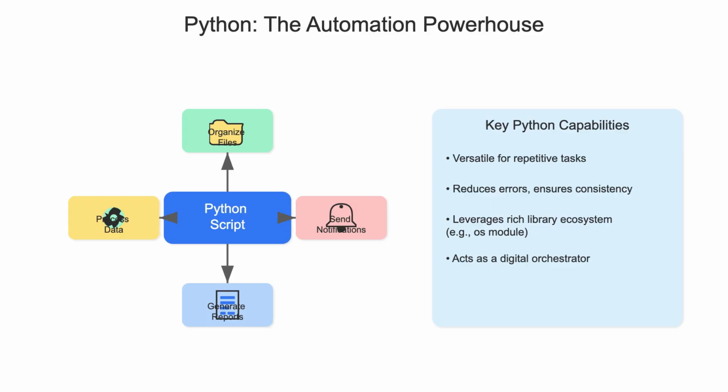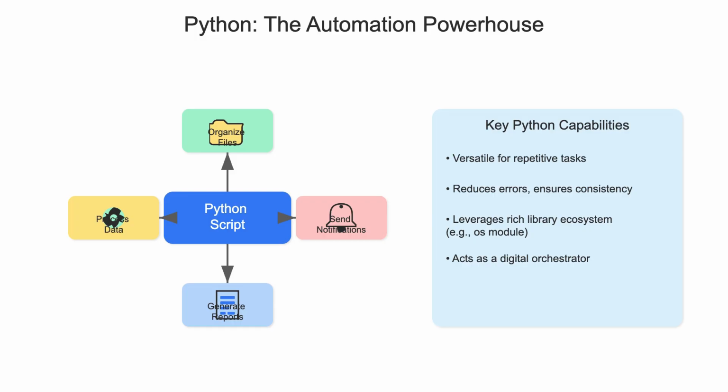So, why Python for automation? Think of Python as your ultimate digital assistant, capable of handling a vast array of repetitive tasks with remarkable ease. It's not just about saving time, it's about reducing errors, ensuring consistency, and freeing up cognitive load for more complex, creative problem-solving. Python's rich ecosystem of libraries makes it incredibly versatile. For instance, the built-in OS module allows you to interact directly with your computer's operating system, managing files and directories effortlessly.